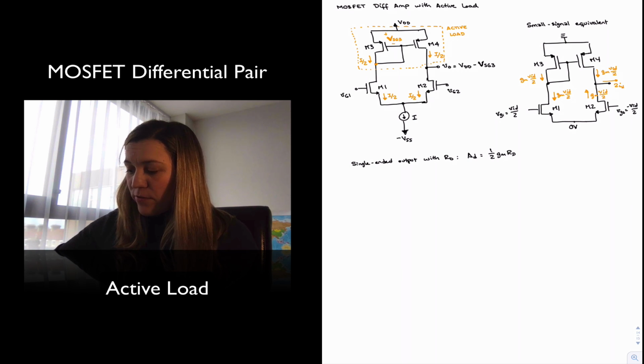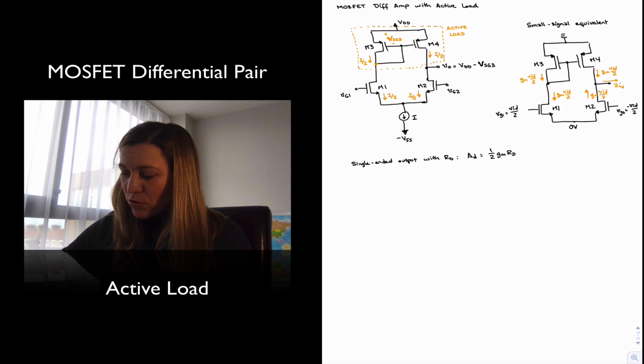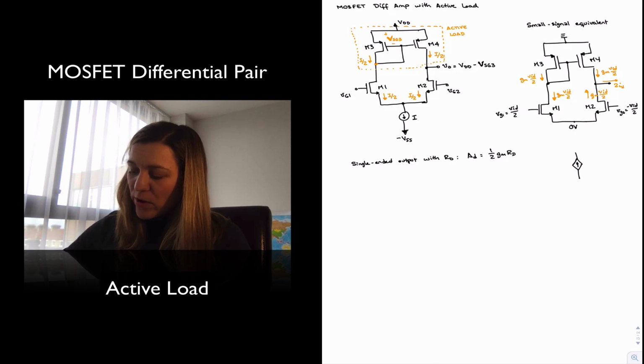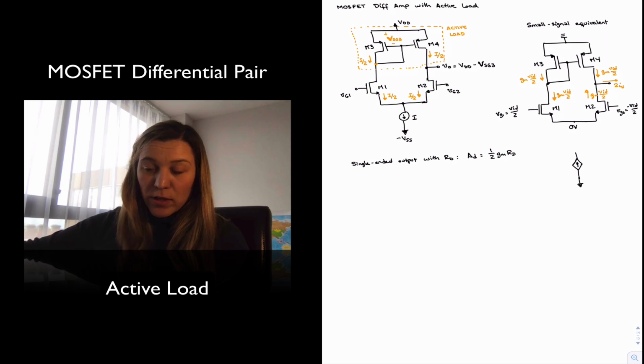I could draw that output stage in my small signal equivalent, and you should see that I can represent M4 as a signal source, which is flowing away from ground. So if ground is down here, the current is flowing away from ground.